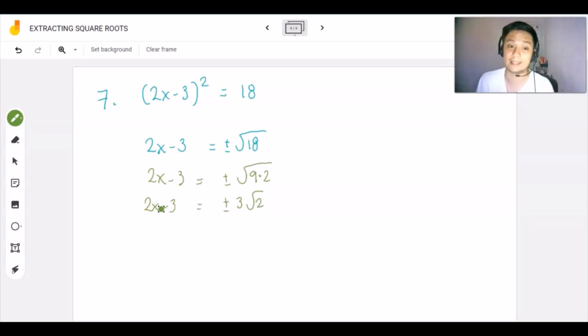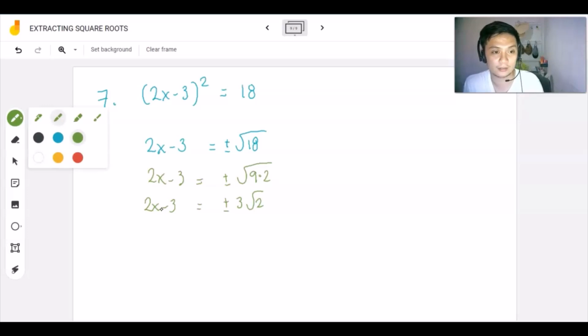Are we done? Not yet. So we have to solve for x given this equation na. Ayan. So what do we do first? We have to isolate 2x, meaning eliminate negative 3. So we transpose lang negative 3 to the right side. So dahil meron na tayong positive or negative sign dito, ito na magsisilbing operation signs, magiging plus or minus siya. So meaning yung negative 3 pag tinranspose, it will be written before this positive or negative sign.